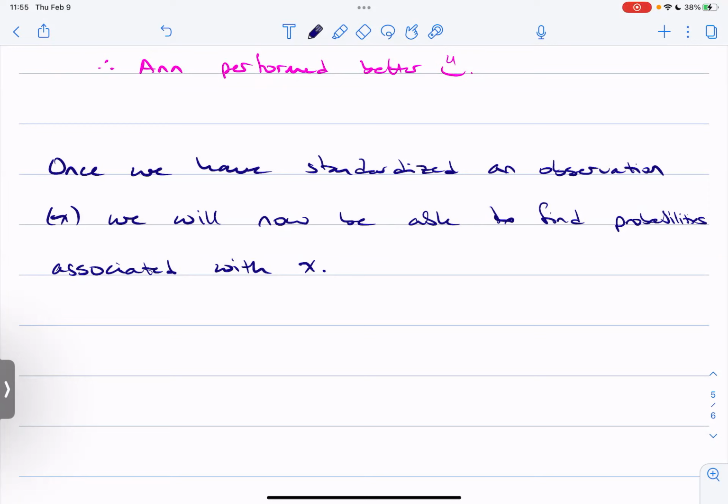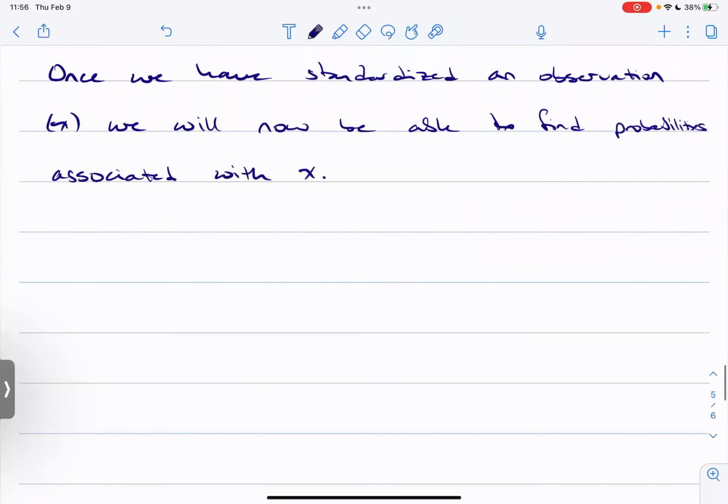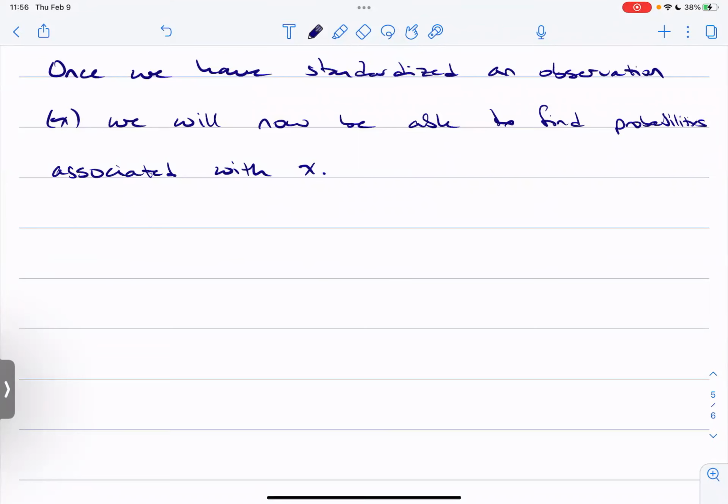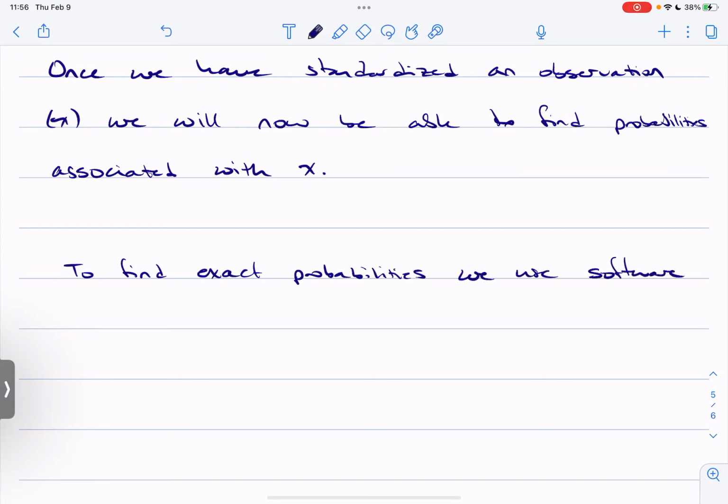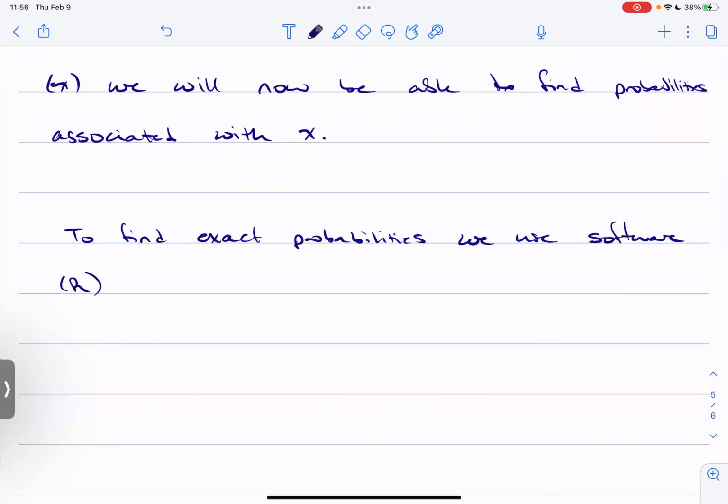Okay. And so I'll kind of summarize that here. To find exact probabilities, we use software. So in our case, I'm going to use R. But I mean, Excel does it too.